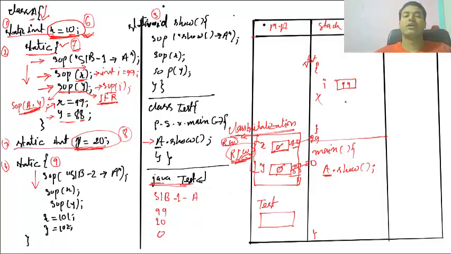Right? It is no more there in stack memory, or it does not have any stack frame now. So when y is initialized with 20, this is over, then control comes to the next static block, that is step number 9, and it starts execution from top to bottom.